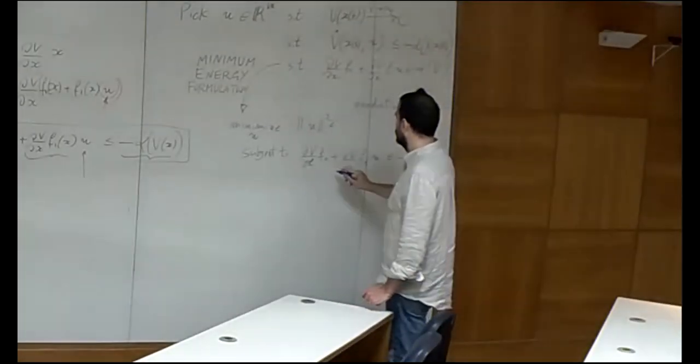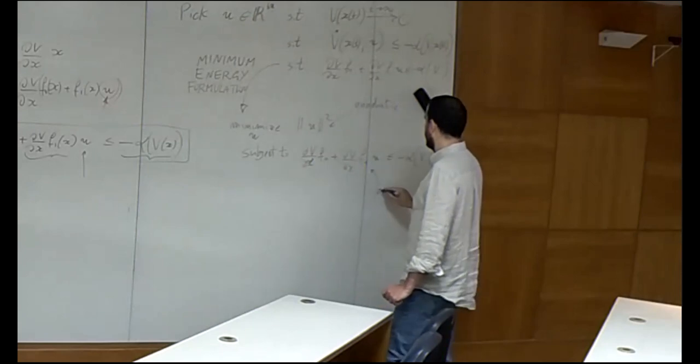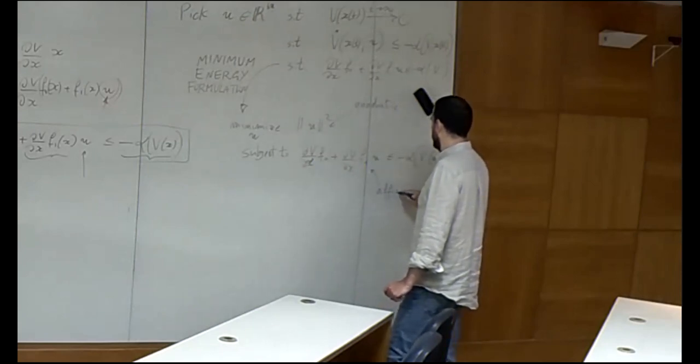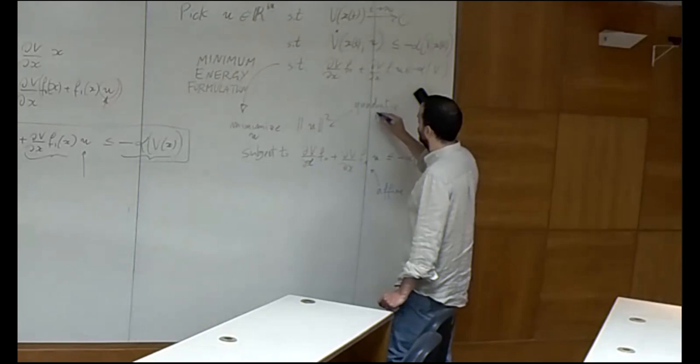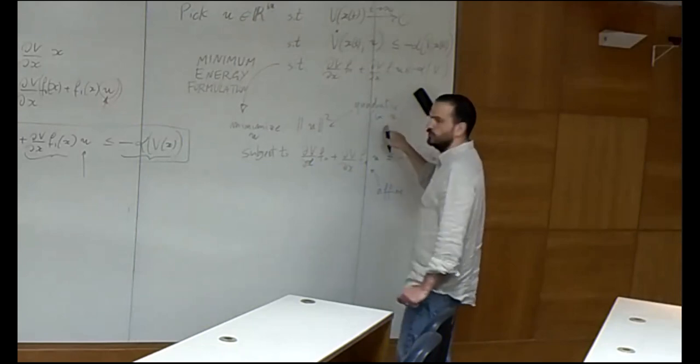The constraint is affine. So quadratic cost with affine constraint.